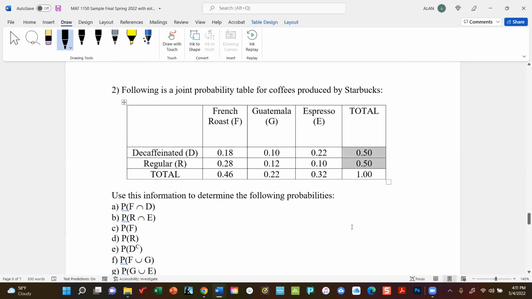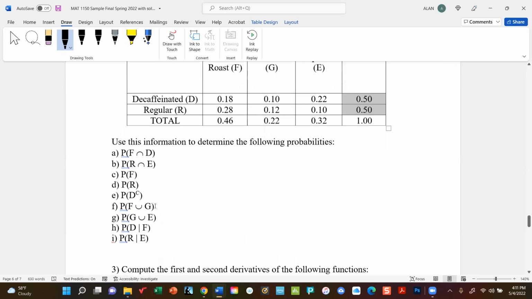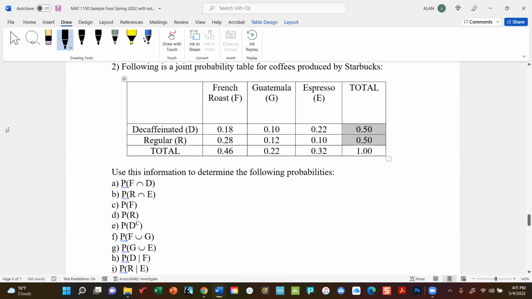Now, with that information in front of you, calculating these same probabilities is actually going to be even easier. The ones that require two events to be true, for example, F and D, are especially easy because you can just look these up in the table. So F and D means French roast decaf: 0.18.